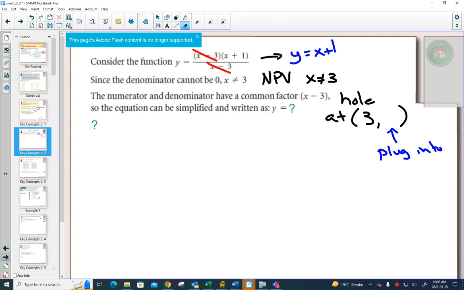So I plug in x equals 3 into my simplified equation. 3 plus 1 is 4. That's telling me where my hole is going to be.